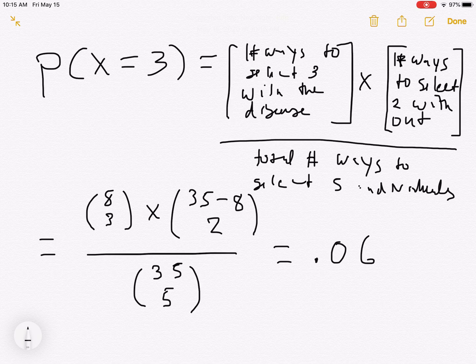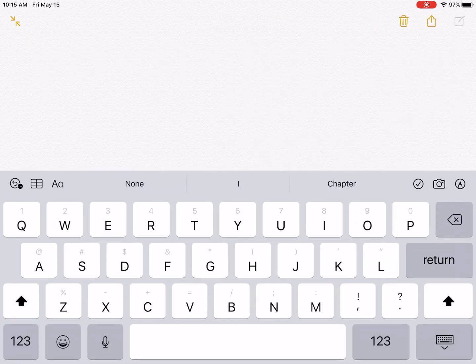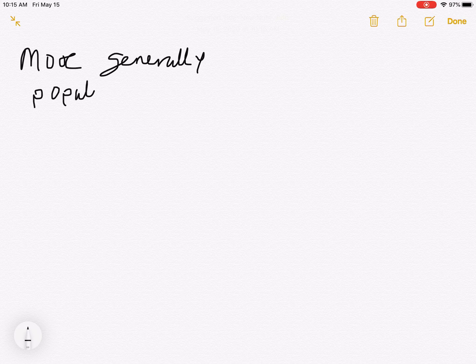Now let's continue this, and let's just describe this, because there's something more general. So more generally, here's what's going on. There's a population size. And I'm going to call that N. Okay.